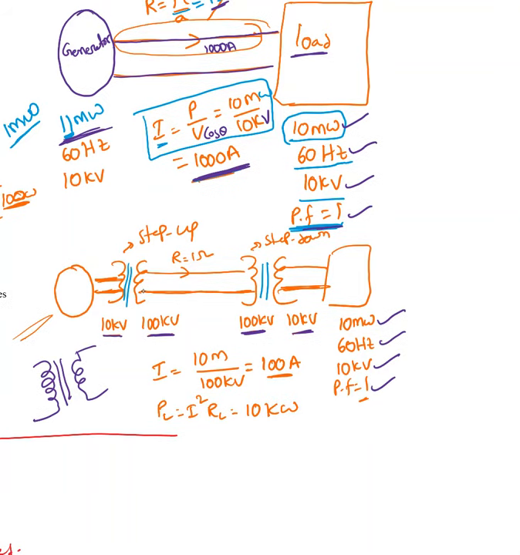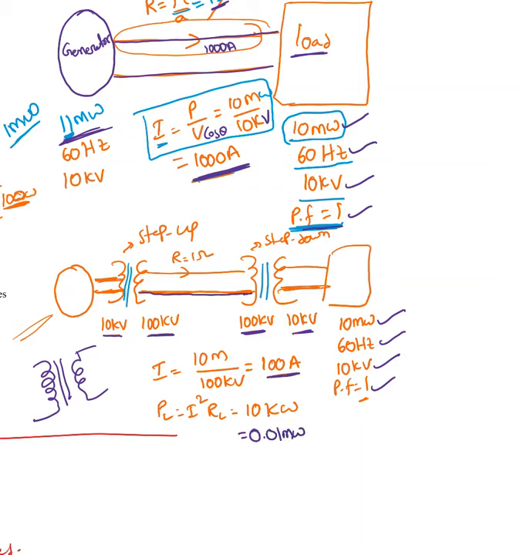Now, what is the voltage here? The voltage in the transmission line is 100 kV. Now, what is the current passing through it? 10 megawatts over 100 kV. The current passing through the line is 100 amperes. Now, what are the power losses? I squared times R_L, which is 10 kilowatts, which is 0.01 megawatt.